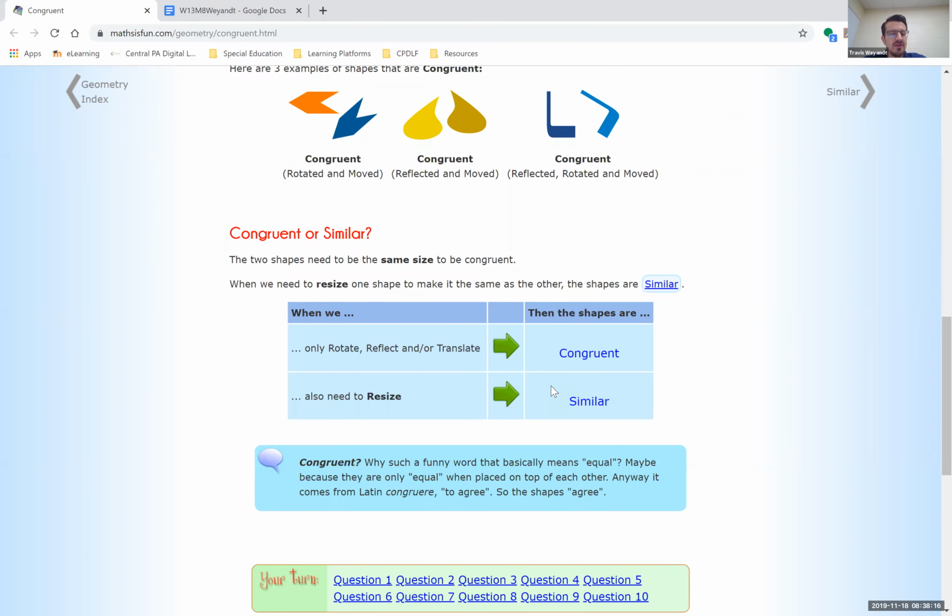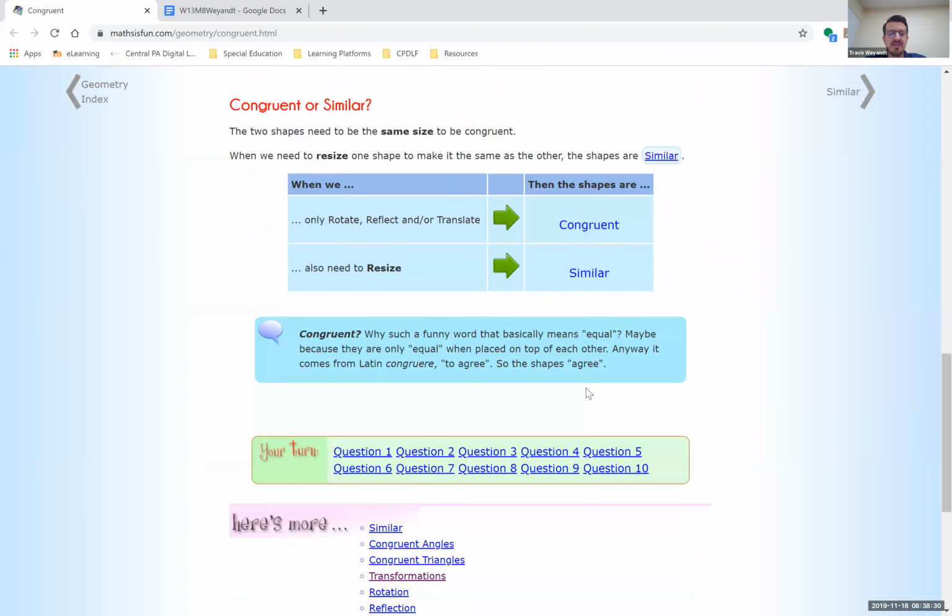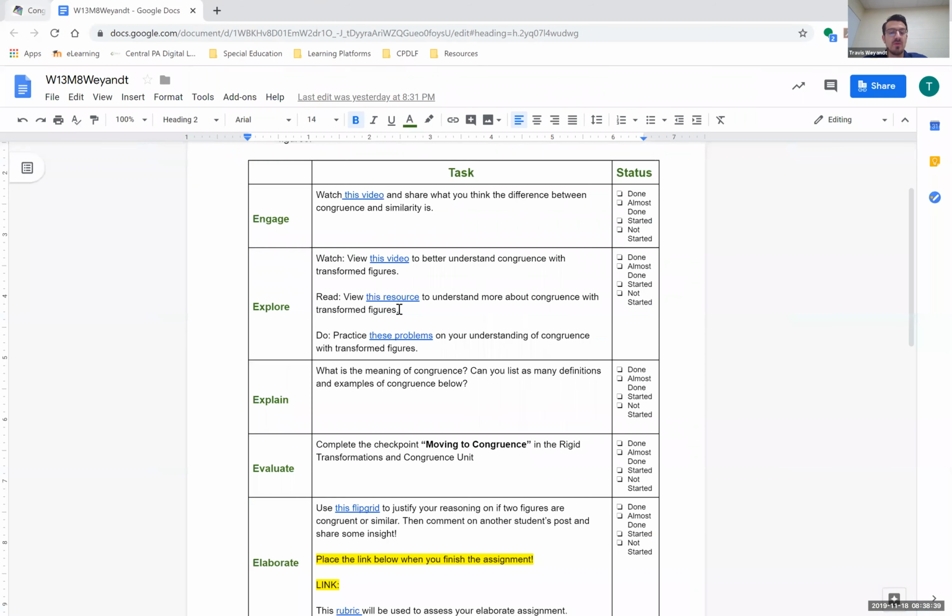Similarity has that idea, but it could be a bigger object and a smaller object, and we would say they're similar. Even though they're resized, they still have the same shape. But congruence is around the idea that they have to basically equal and be the same thing, including size. So that's the big difference between the two ideas.